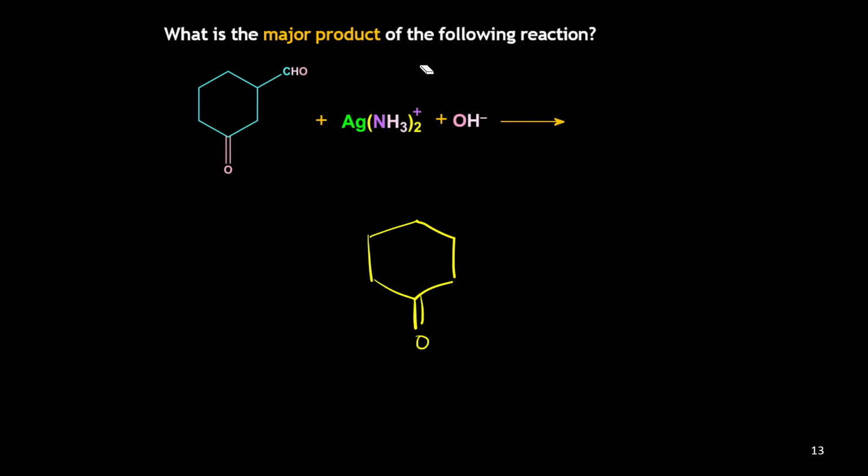Whatever aldehyde group is there, that aldehyde group will convert into the carboxylic acid group. The carboxylate ion, actually, will fuse with the proton if you do the protonation, and it will turn out to be carboxylic acid plus 2Ag plus ammonia plus water molecule.